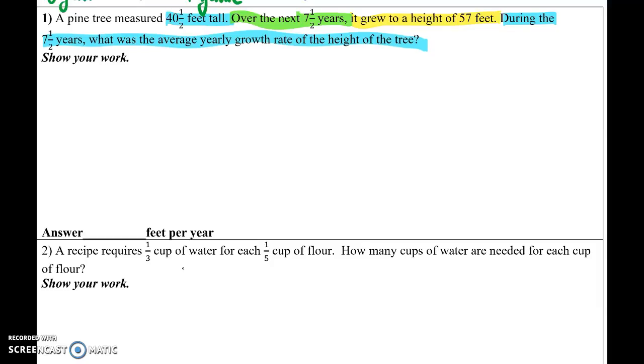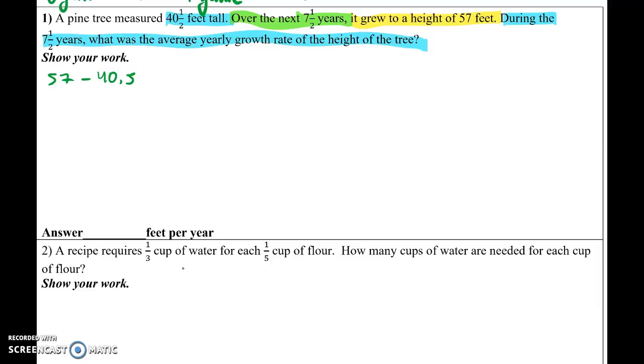So we could find how much it grew over those years by doing 57 minus 40.5 feet tall. Now, if we had a fraction, that would be a non-terminating decimal. I would have to leave it as a fraction. But halves are generally easy to work with, so I'm going to convert it into a decimal and write it as 40.5.